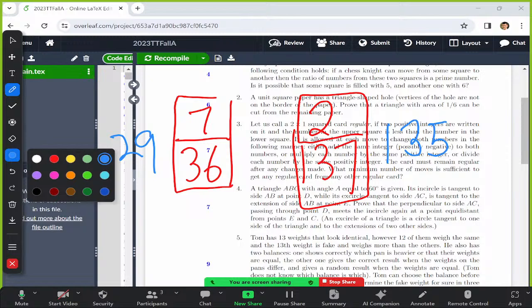So you can't get the difference the same by adding, right? Times 4. 29 times 4. So you have to be careful because you can't add to the difference.